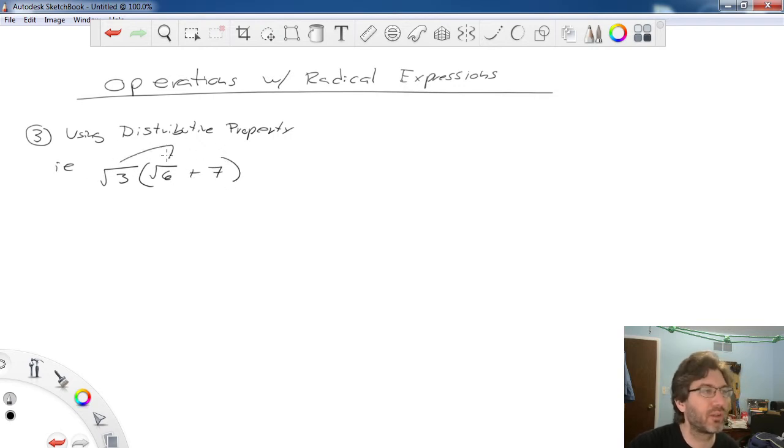So here you want to look at, hey, I can distribute to that and to that. In doing so, not too difficult really. You just kind of distribute it like you normally would. So you have the square root of 3 times the square root of 6. So using your multiplication property of square roots, that is the square root of 3 times 6, which is the square root of 18.